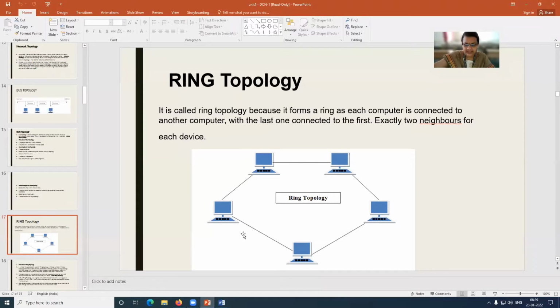It is called a ring topology because it forms a ring, as each computer is connected to another computer, with the last one connected to the first. Exactly. In a particular system, there are only two neighbors, one on the left side and one on the right side. Connecting in that manner is called the ring topology.